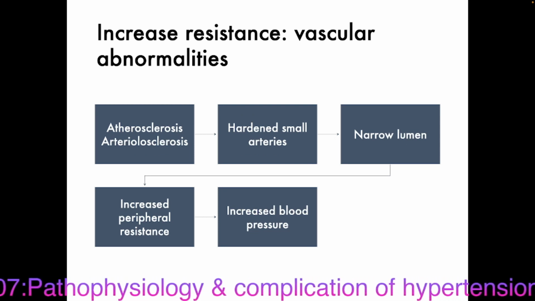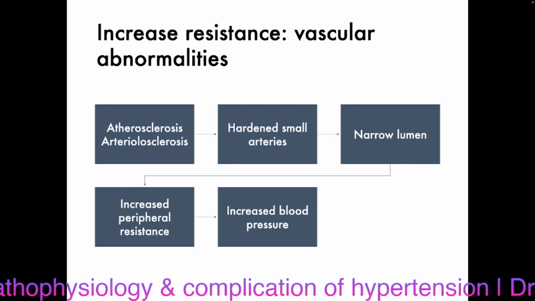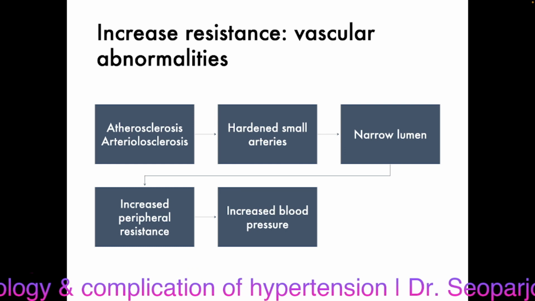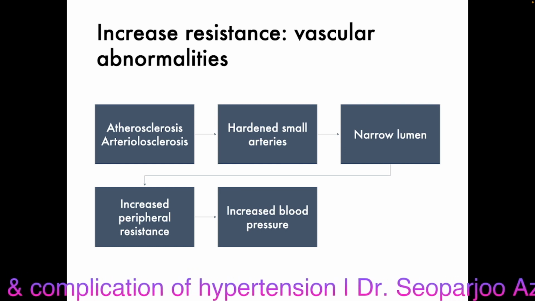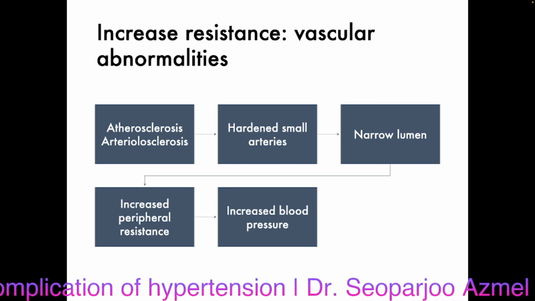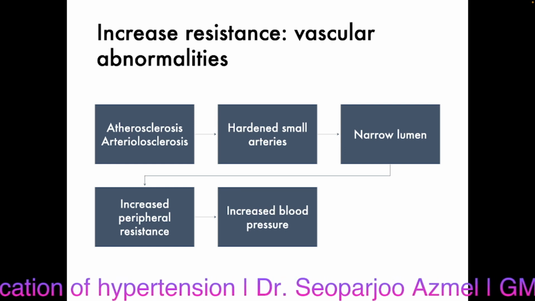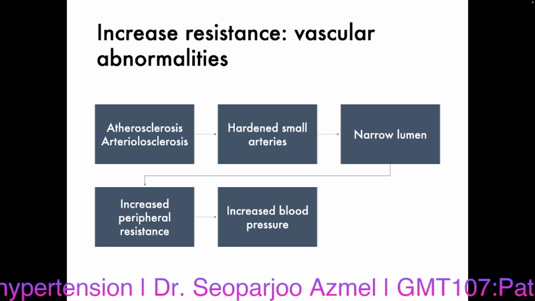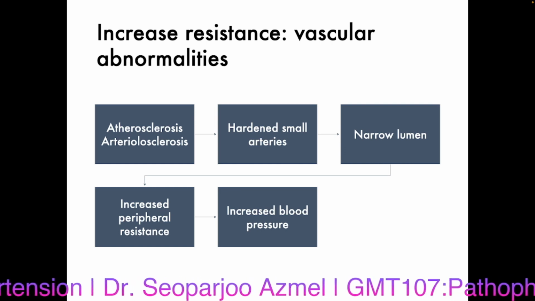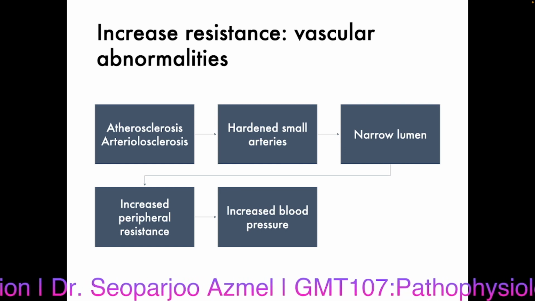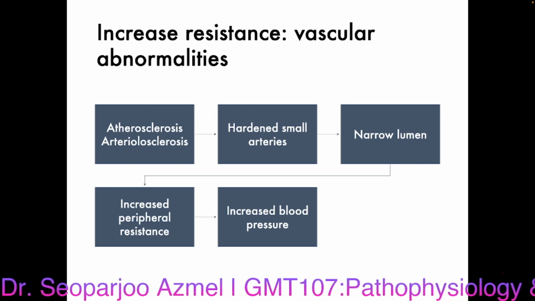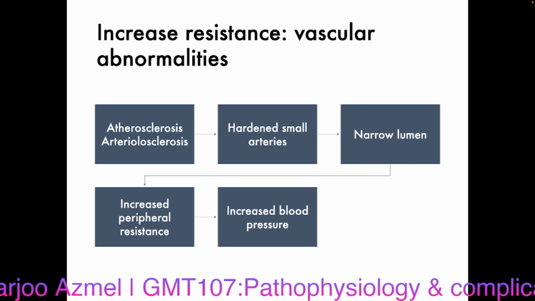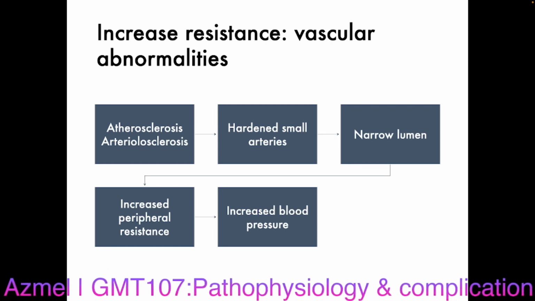And this one is the vascular abnormalities, which will increase the resistance. For example, a person who has atherosclerosis or arteriolosclerosis. This will cause hardened small arteries. What will happen to these arteries? They will have a narrow lumen. When it's hardened, the lumen becomes narrow because of the increased thickening of the vessel wall. What happens in the narrow lumen?